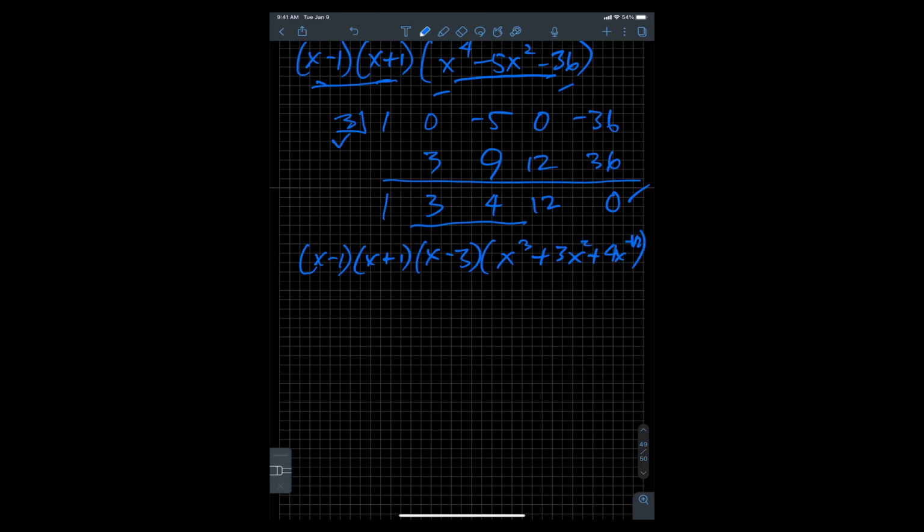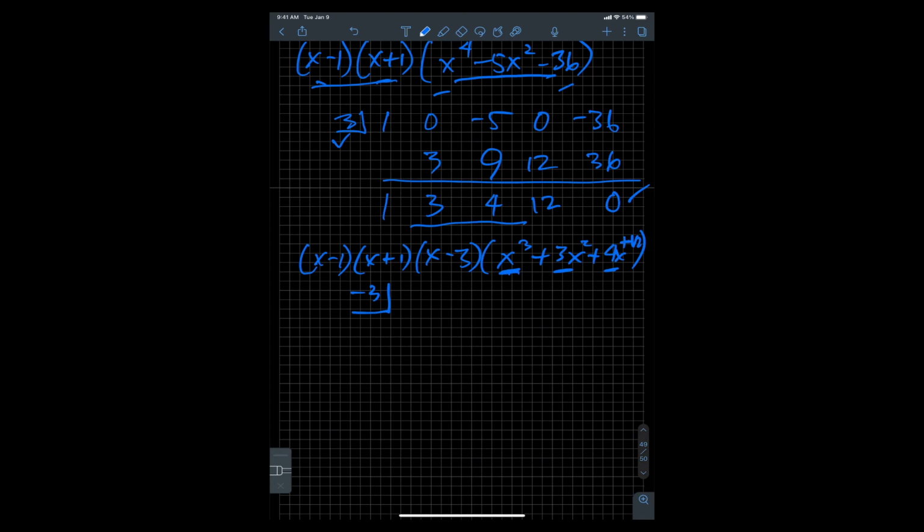And now I think -3 is going to work. Yep, -3 is going to work. I can see that because -3 cubed will be -27 here, and then this will be 27 positive. And then -3 times 4 is -12, and this is a plus 12.